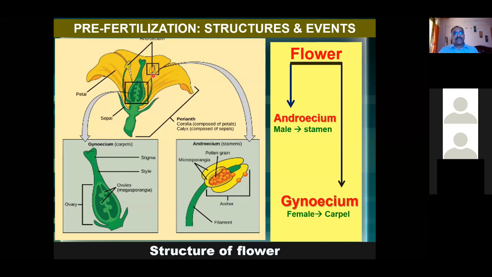But these 2 whorls, this is the stamen, collectively called the androecium. This is collectively called the gynoecium. This gynoecium and androecium, these two are very much essential, and these are called essential whorls. And these two essential whorls we are going to study in detail one after the other from tomorrow.